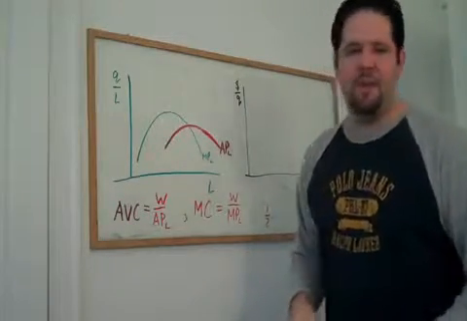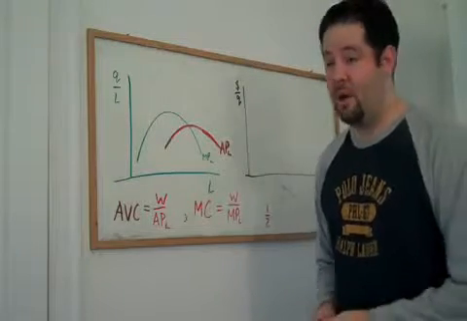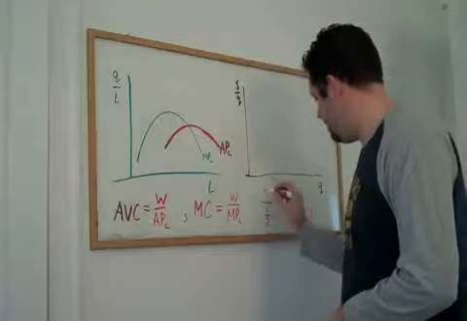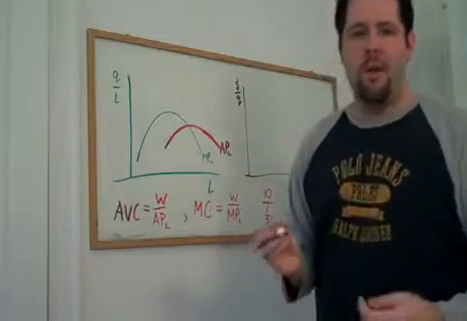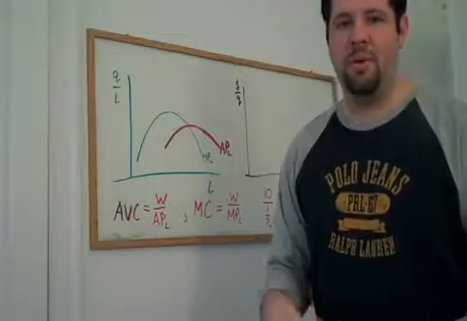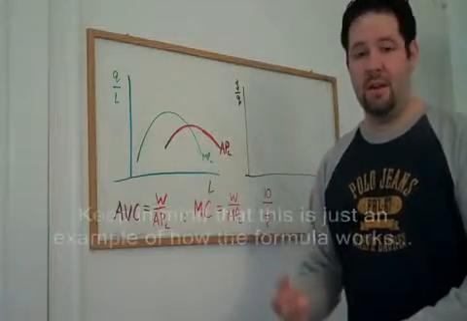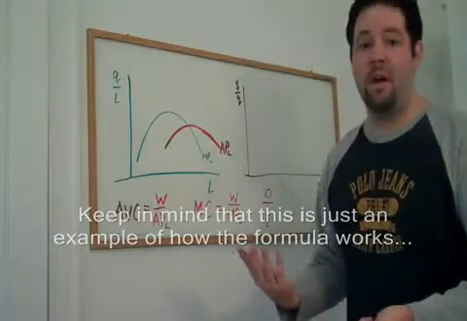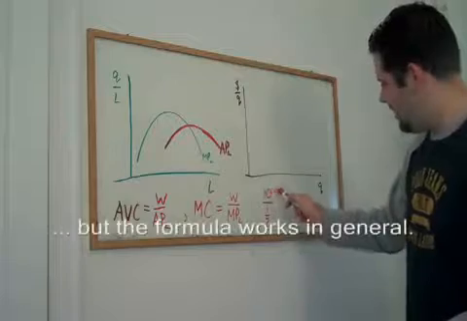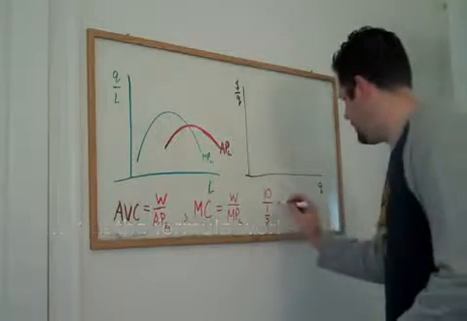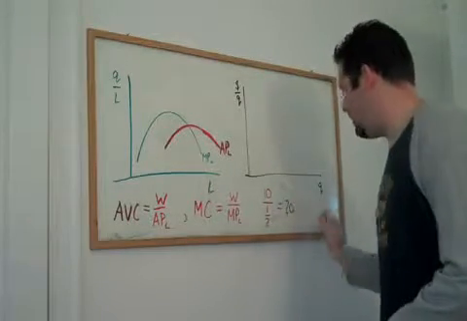Then if we have to pay each of those workers $10 per hour, that's their wage, how much does it cost to produce that last unit of output? 2 workers, $10 an hour. It's got to be $20, right? Well, it turns out 10 divided by 1/2 gives us the right answer.